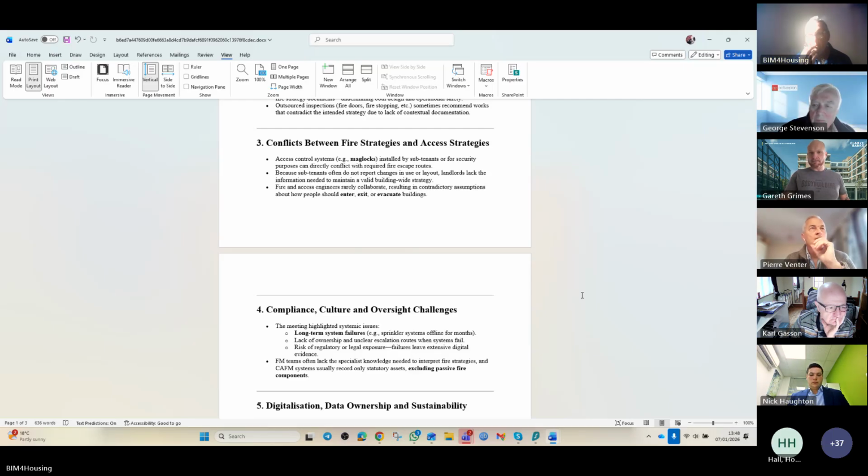Pierre. Gareth, I think one of the important parts is that with many changes, the building will go through a number of different types of activities. So refurbishment, alterations, additions, etc. There has to be a mechanism by which somebody is the owner who goes through and says the door's changed.